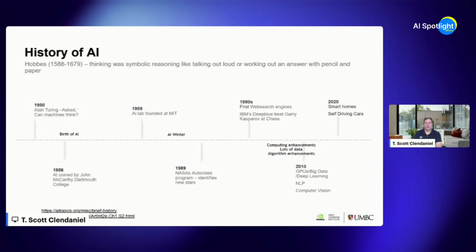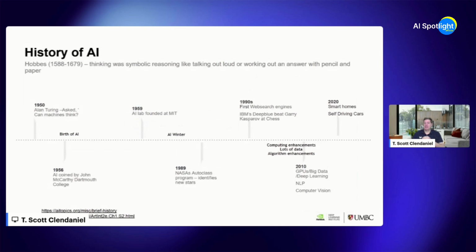All right, so during this period of the 1990s, computation gets a lot better. There's a lot more data to fool with. And there are also algorithm enhancements. So you've got better hardware, you've got better data, and you've got better software and approaches with the algorithm. That's a trifecta for a win. 2010, the introduction of GPUs, graphical processing units, for which we should applaud NVIDIA, because that made their launch to fame.